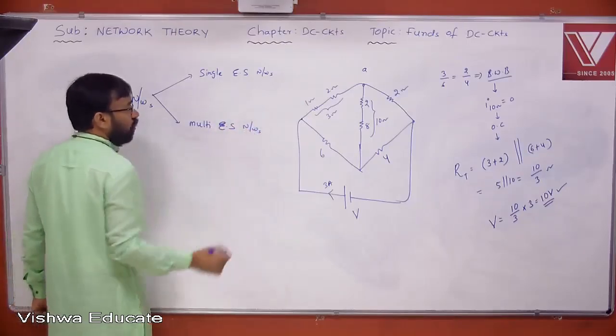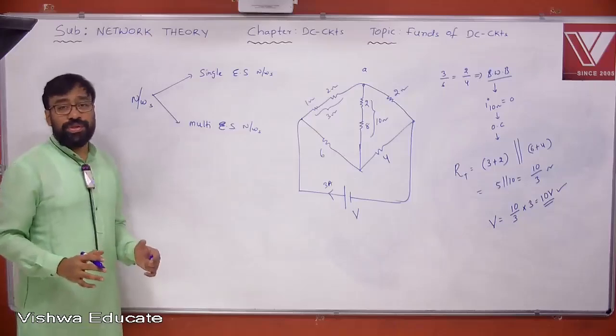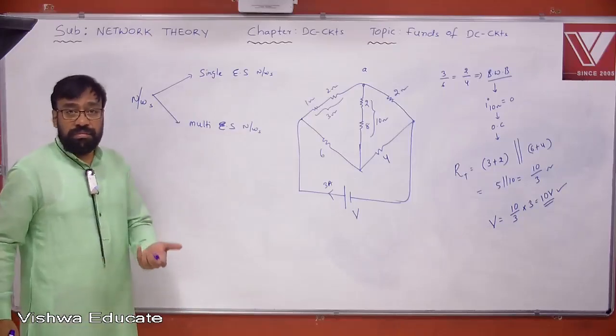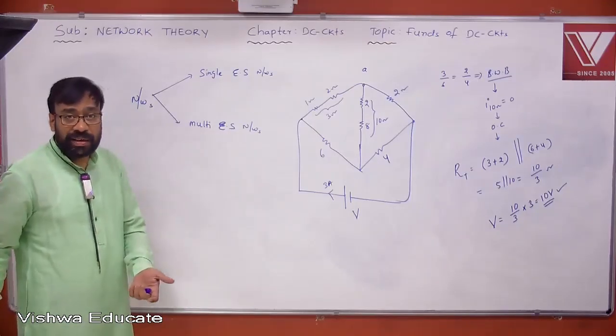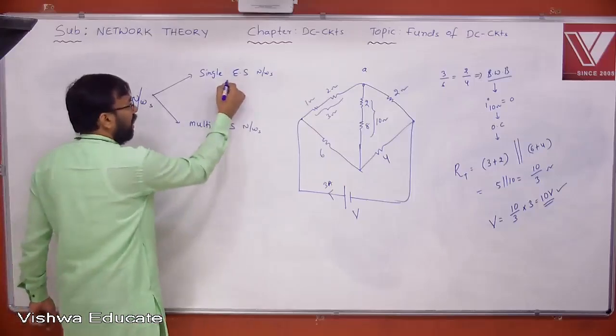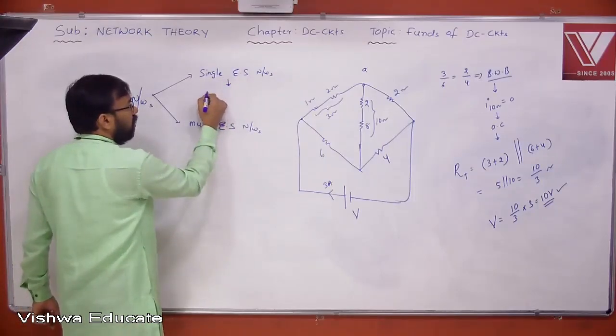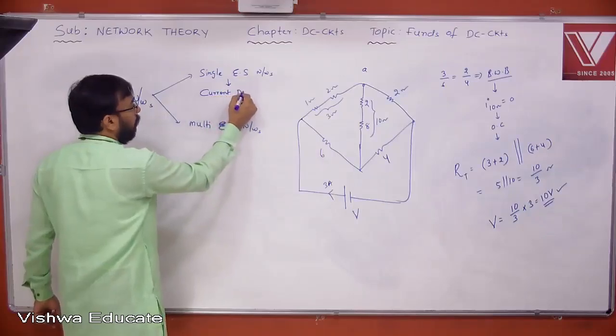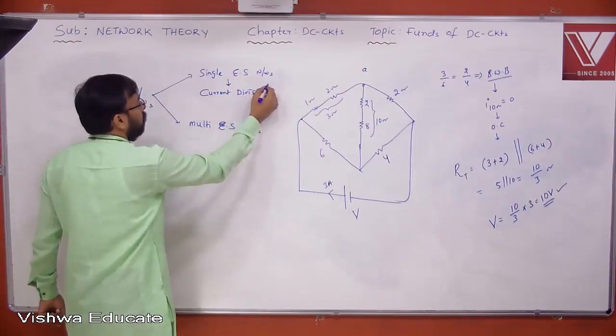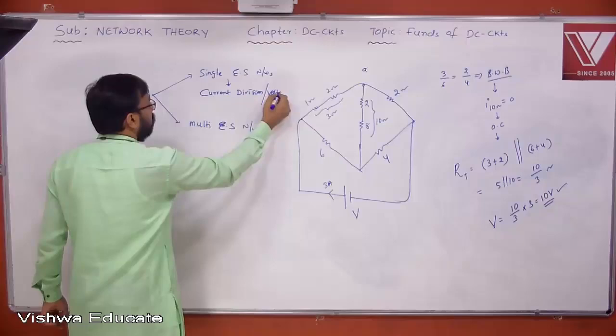So once you look at that network, you must be in a position to judge which method is very important to apply. Yes or no? So these single energy source networks can be solved using both current division or voltage division.